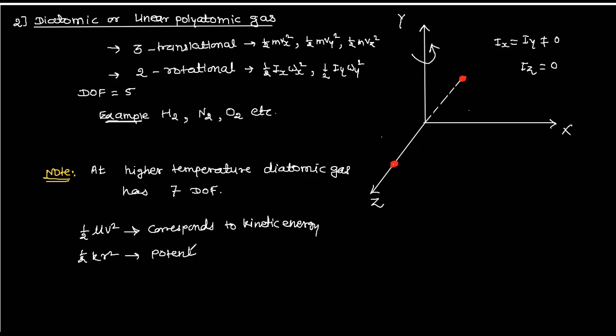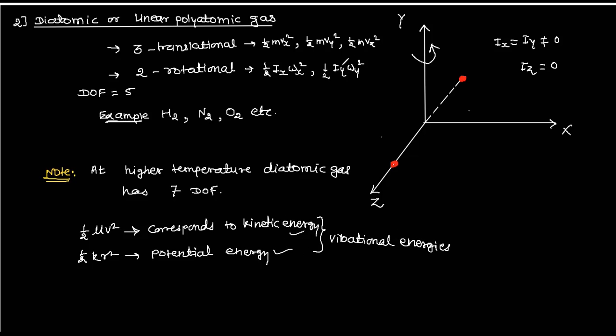Now you will ask me, sir, above also you are getting kinetic energy, below also you are getting kinetic energy, then what is the difference? Now see, these two energies are because of vibration. Keep it in mind, vibrational energies. This and this also.